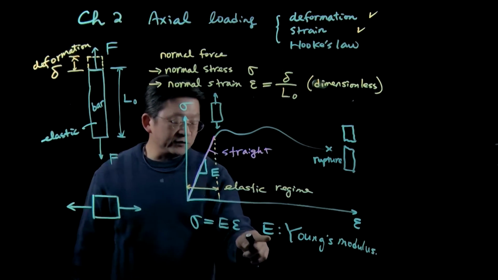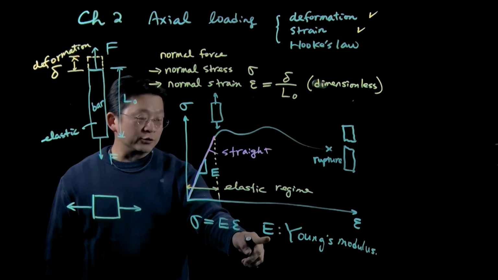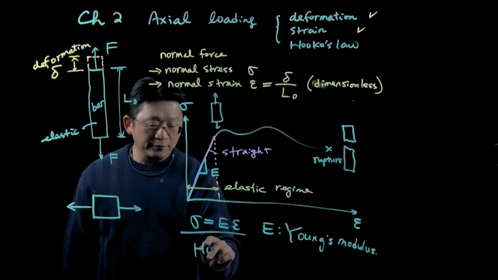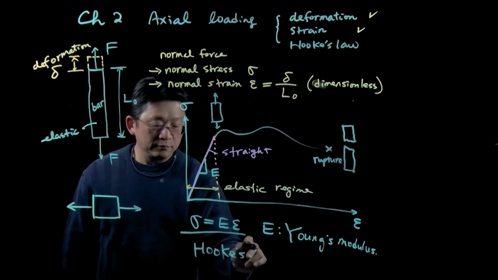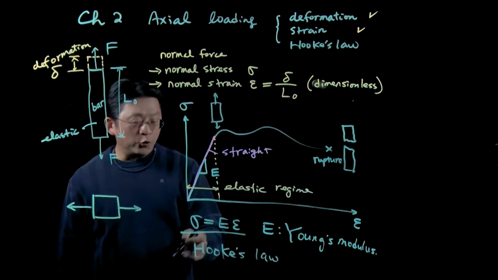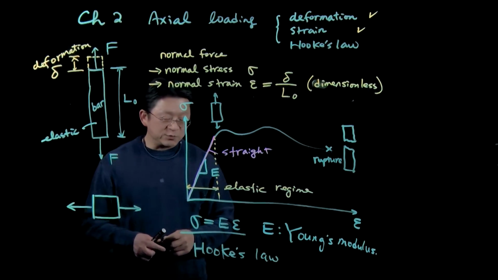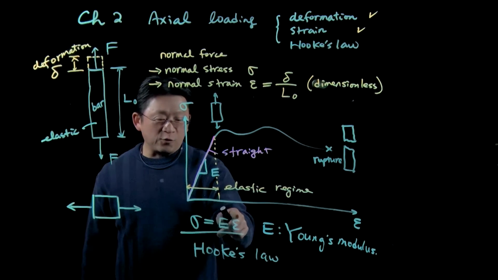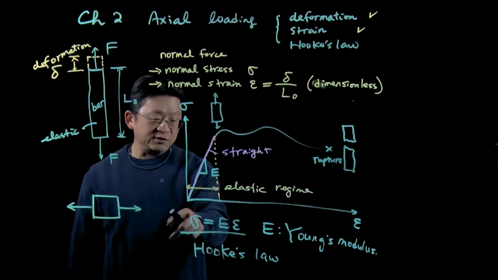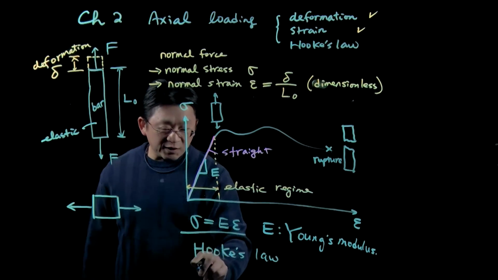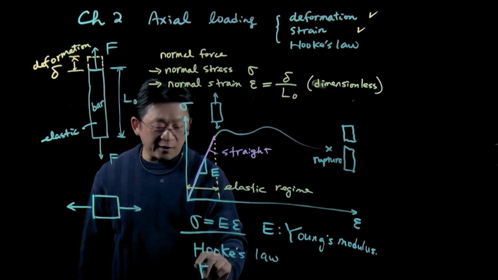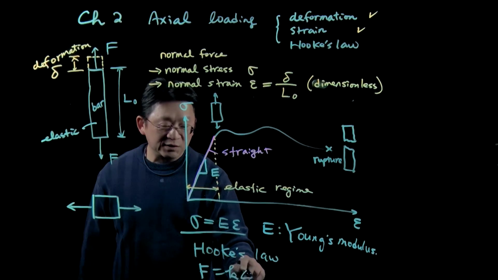This is the very first material property you're going to learn in these chapters in ES 331, and this is called Hooke's law. Hooke's law defines the response of the material to loading. This is a deformation-related quantity, and this is a force-related quantity. In a similar way, from your high school physics, Hooke's law is F equal to K times delta.